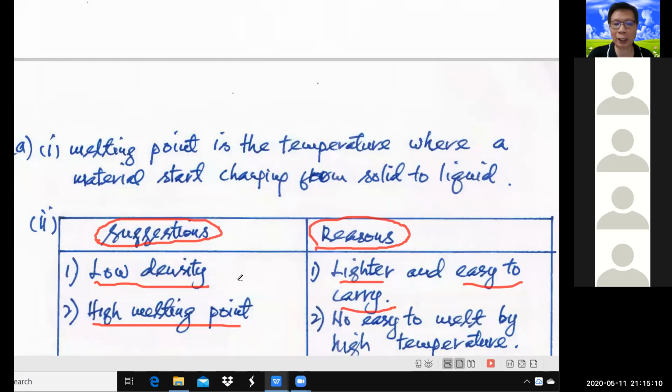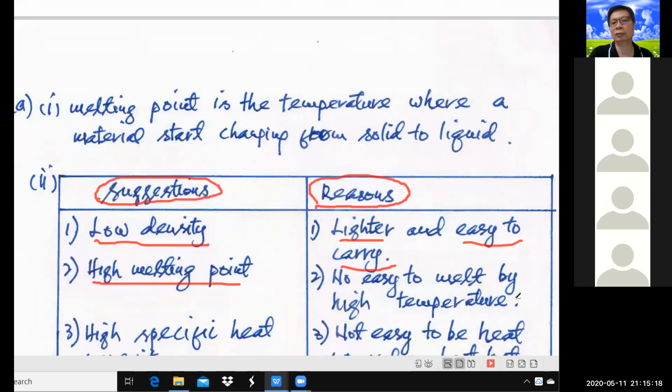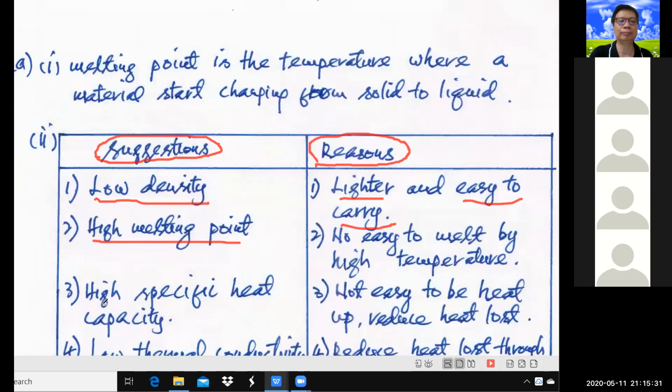So we choose high temperature. The reason is not easy to melt by the high temperature of the food. Okay, number 3, specific heat capacity must be high. High specific heat capacity material.